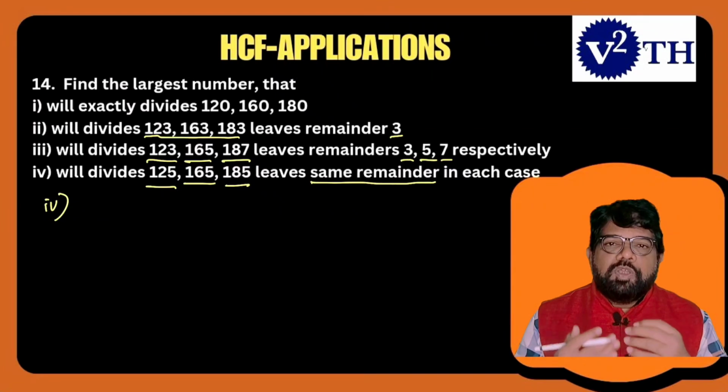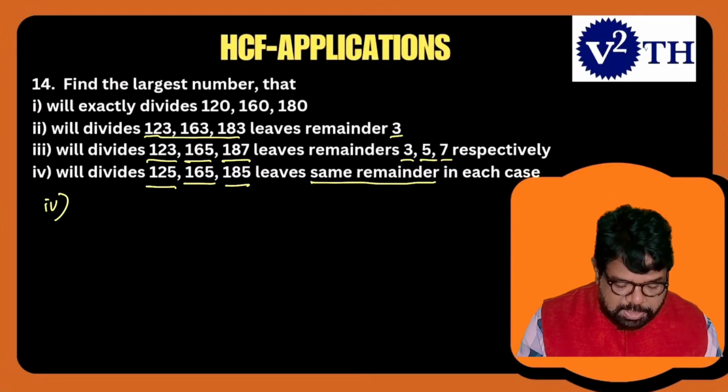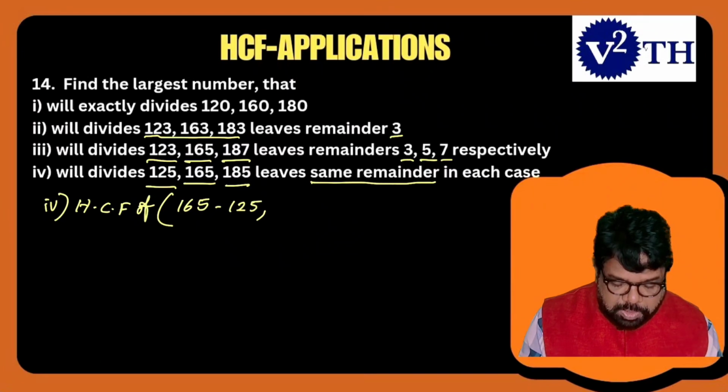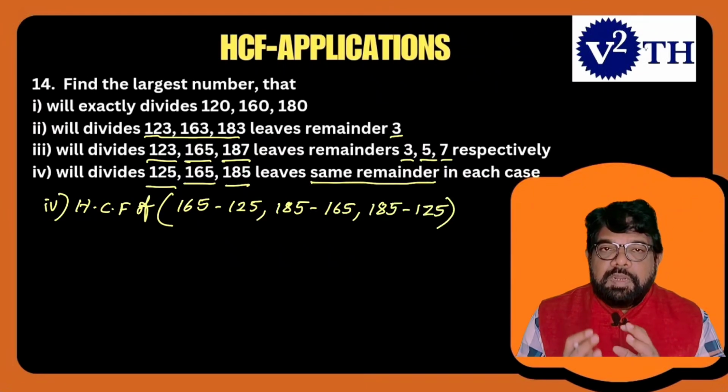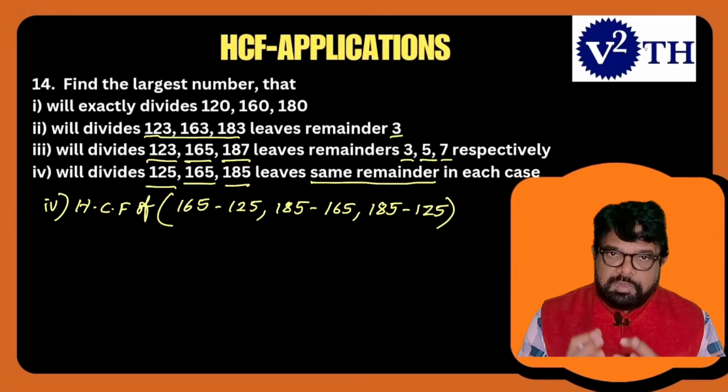For the given values, you have to calculate the HCF of the possible differences. Now the first two numbers' difference. Difference means larger minus smaller. 165 minus 125. Now 185 minus 165. Now 185 minus 125. So these are the possible differences for the given numbers. For the possible differences, you have to calculate the HCF.